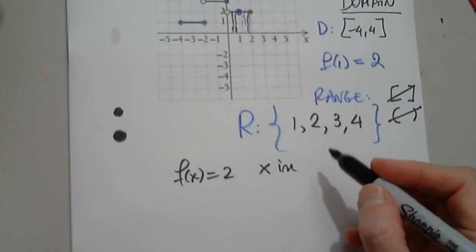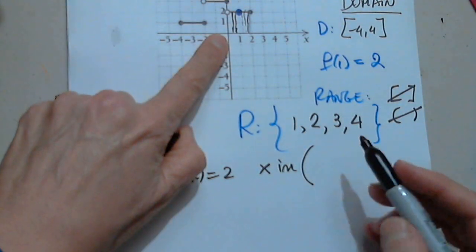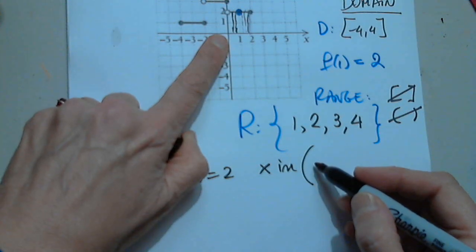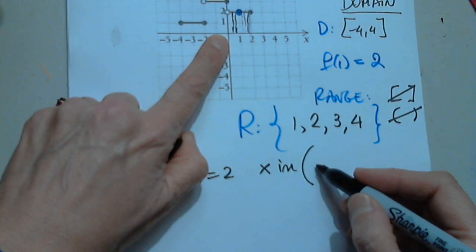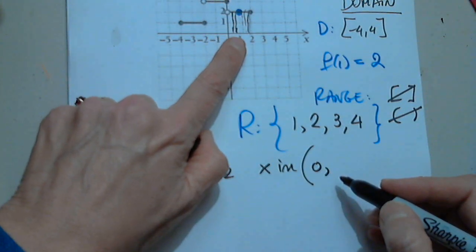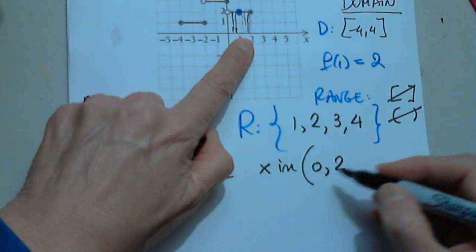So would you use a bracket, an open bracket? Yes. Open bracket at 0, comma, 2, and this is open parenthesis.